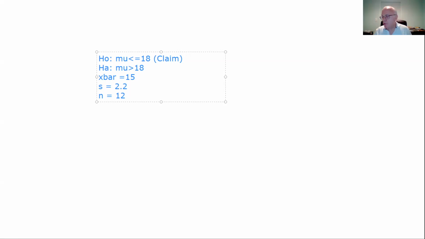Now, because this is a right-tail test, I want to find the probability that t is greater than negative 4.72. So how do I do that? Again, I use TCDF because it's a t that I'm looking at here. Go down to TCDF, hit enter. Because it's a greater than problem, I'm finding the area to the right of that number. I need to put the t here as the lower limit.